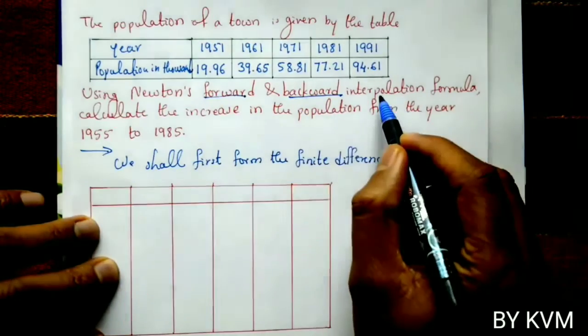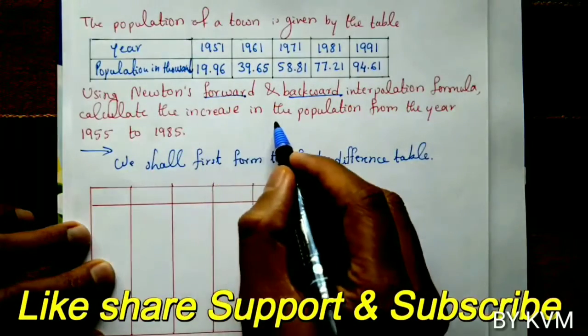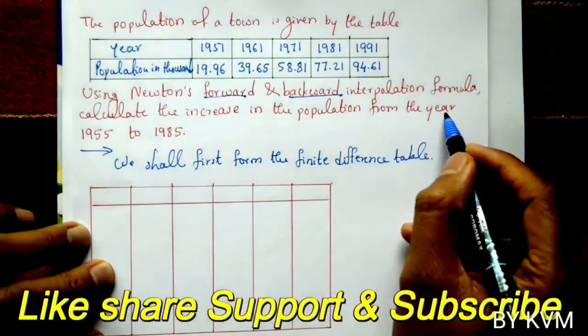Using Newton's forward and backward interpolation formula, calculate the increase in the population from the year 1955 to 1985.